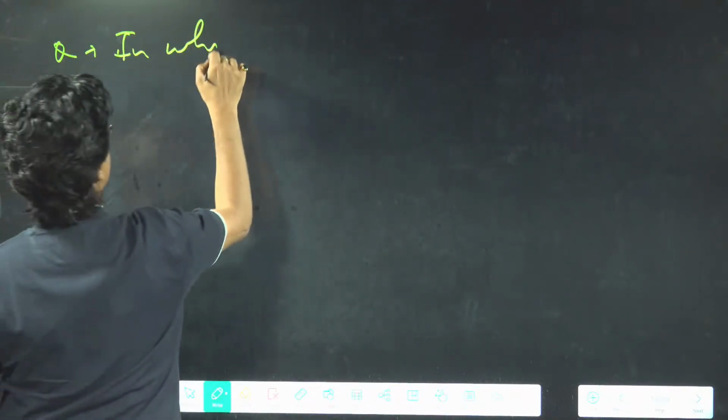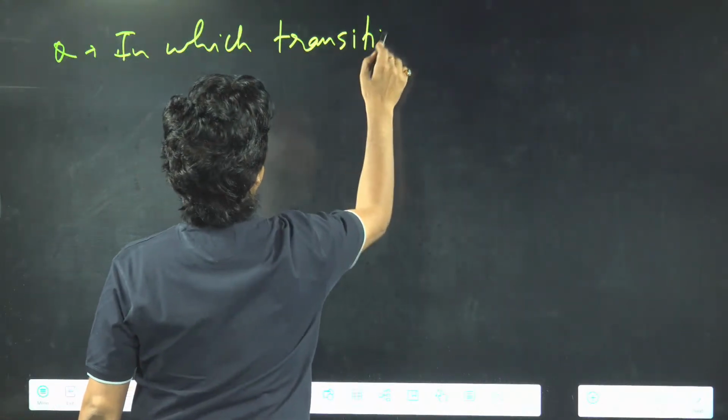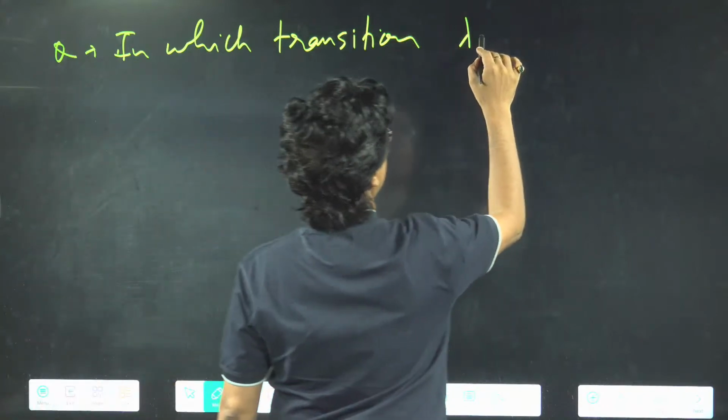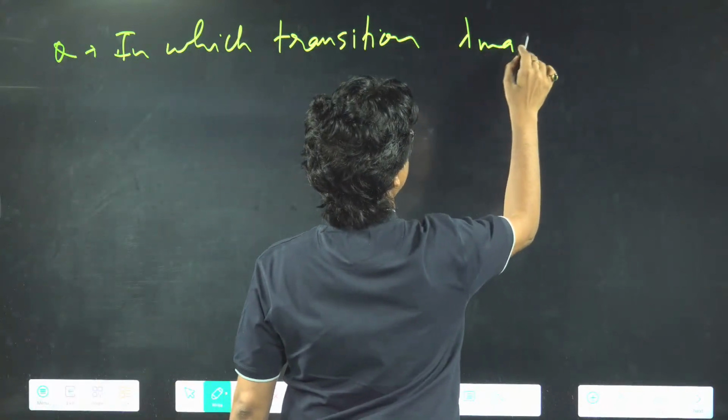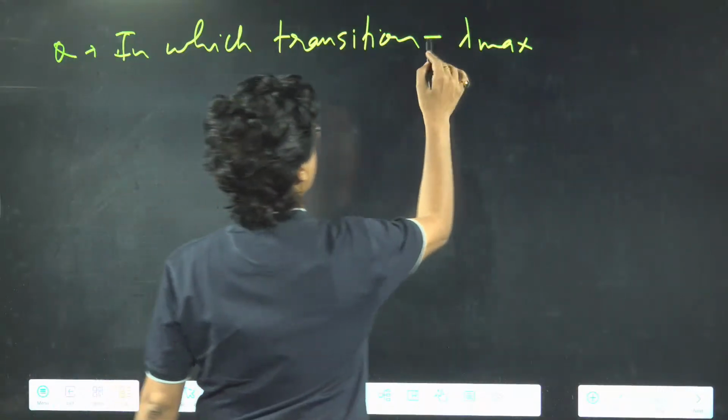In which transition will lambda maximum be there? In which transition will you get lambda maximum?